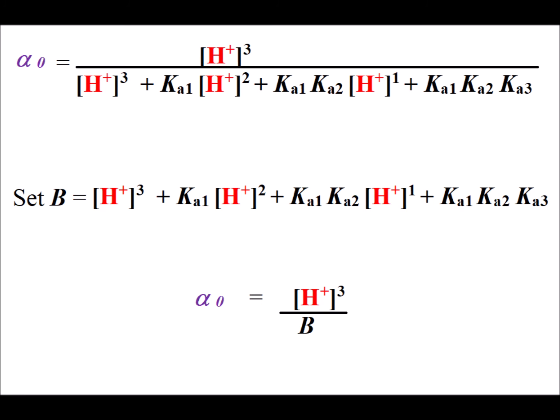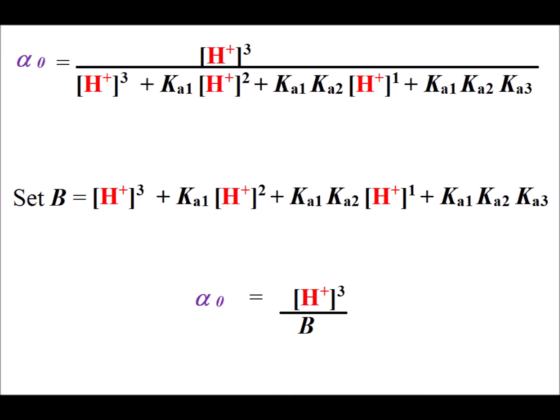Here we divide through each side by the concentration of H plus cubed on each side, and then we take the reciprocals. And what we get is an expression for alpha sub 0, and we have, in the numerator, H plus cubed, and a very complicated expression in the denominator.